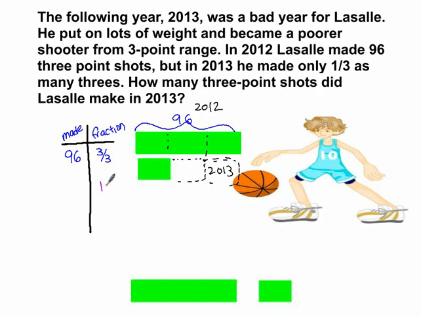To go from 3/3 to 1/3, all we're doing, and you can see in the table, is we're dividing by 3. And that's what is being demonstrated with these fraction bars. We have a whole thing, and if we're going to find out 1/3, we're just cutting it into 3 parts, or dividing it by 3. And 96 divided by 3, you should probably be able to do in your head. It's 32.